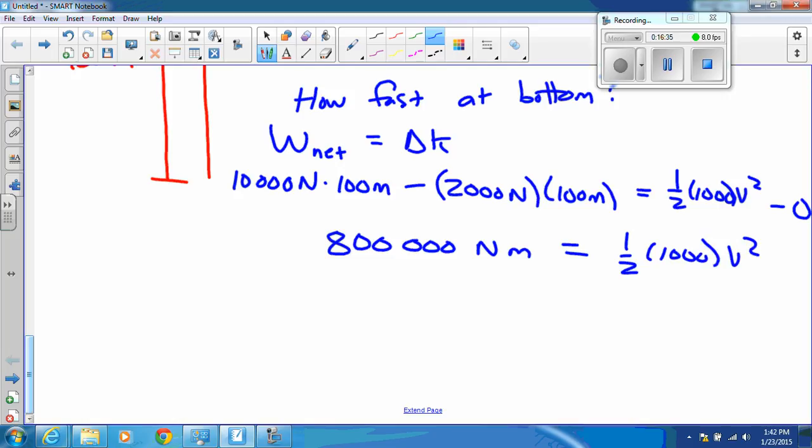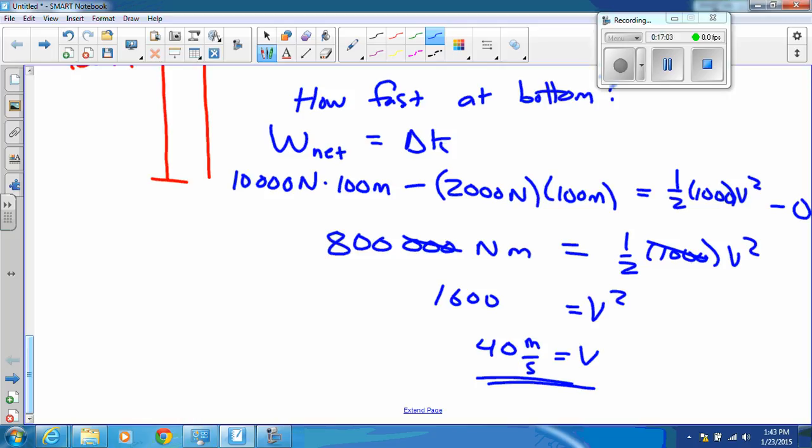What's the most efficient way to solve this equation in your head? Divide by 1,000 first, right? Multiply by 2. So v squared is equal to 1,600, and v is equal to 40. V is equal to 40 meters per second. So that's how the work energy would go.